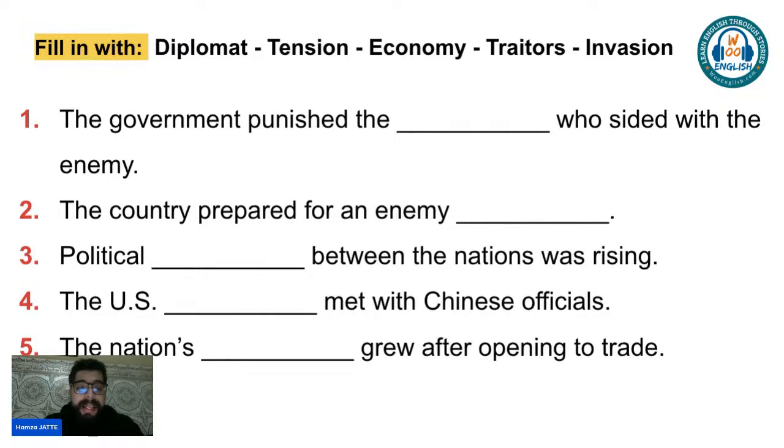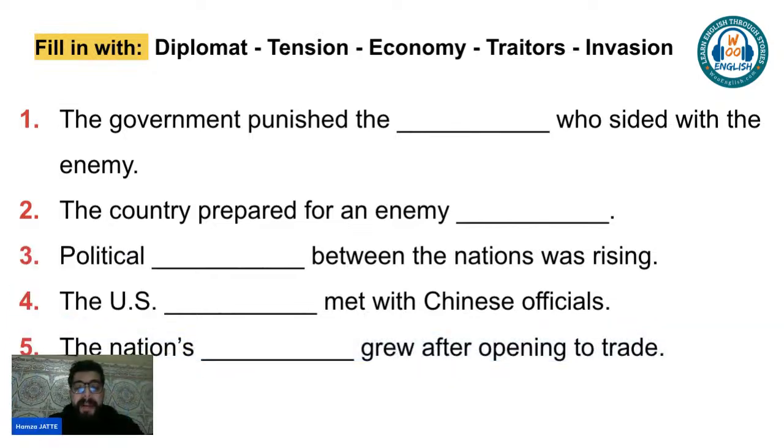Number four: the US blank met Chinese officials. And finally, number five: the nations' blank grew after opening to trade. So, can you help me fill these gaps with the words on the top of the screen: diplomat, tension, economy, traitors, and invasion? Can you help me do that? And this is, by the way, a vocabulary exercise.